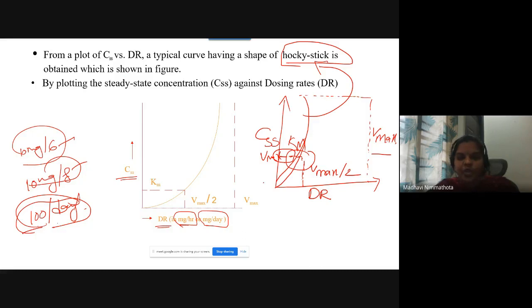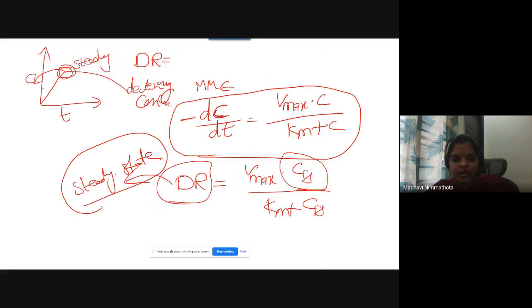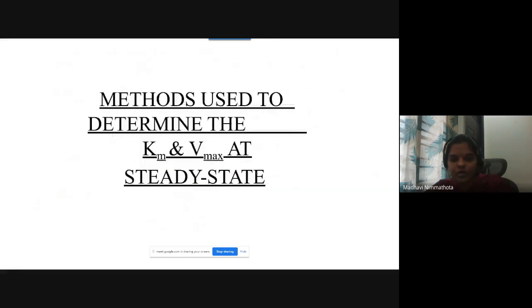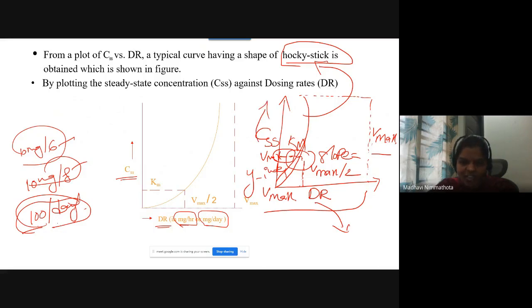And then the slope of this graph is Vmax by 2, and the theoretical maximum is Vmax. The slope is Vmax by 2, and the y-intercept is Vmax. So this is the relationship between the dosing rate and the steady state plasma drug concentration when it is following nonlinear pharmacokinetics.